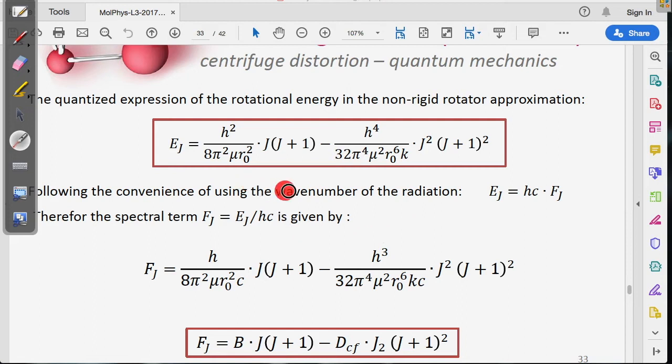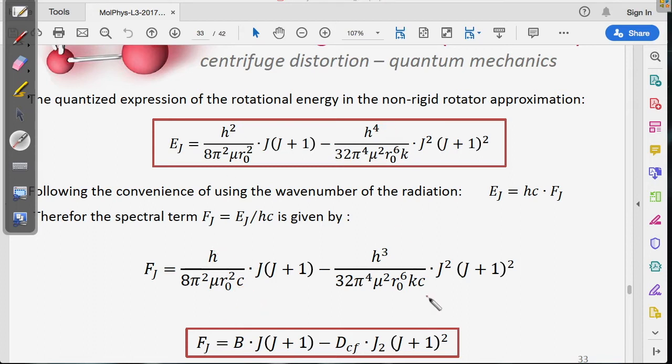So you just do this. You just divide EJ by hc, and then you will get the spectral term. So the spectral term for the rotational energy, when we take into consideration the centrifugal distortion, or the centrifugal force, you just divide all these by hc, and then you notice that here h will go and c will remain.